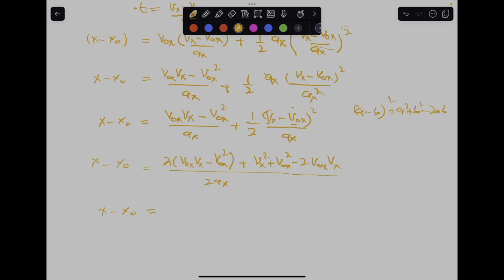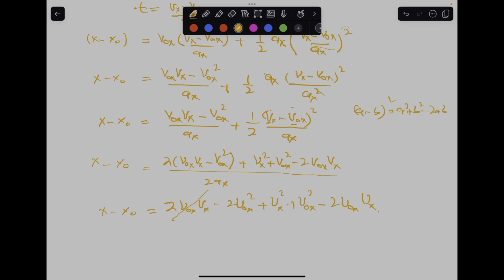So we get 2 V naught of x Vx minus 2 V naught of x squared plus Vx squared plus V naught of x squared minus 2 V naught of x Vx.